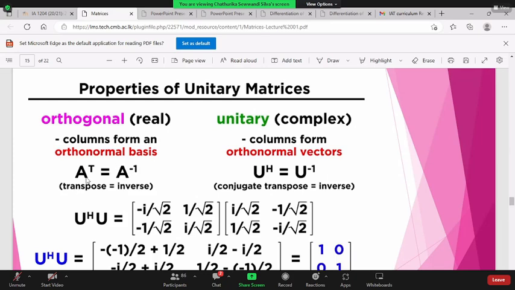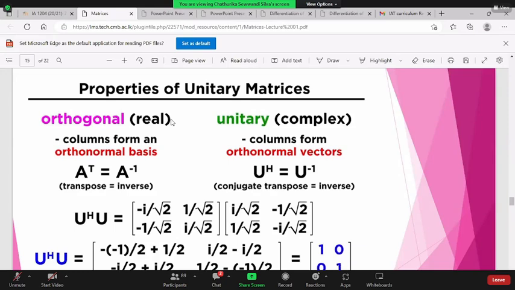සාමාන්‍යයෙන් මේ unitary matrix අපි work කරන්නේ real numbers එක්ක නම්. If we are working with real numbers, then there we check a property called orthogonality. Real numbers එක්ක තියෙන matrix එකක නම් අපි check කරන්නේ orthogonality කියලා දෙයක්. Right?